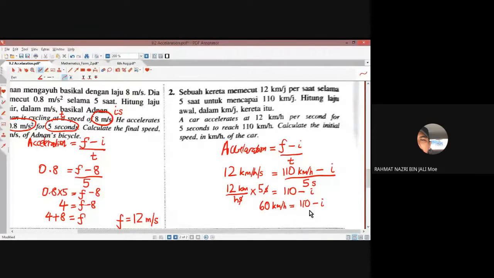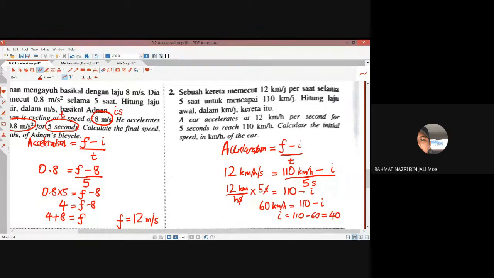Okay, and then to find out I, we move negative I to the left, so become positive. So I is equal to 110 minus 60. So we have a 40.